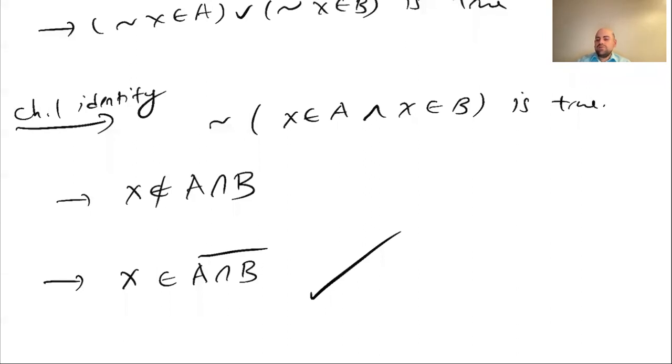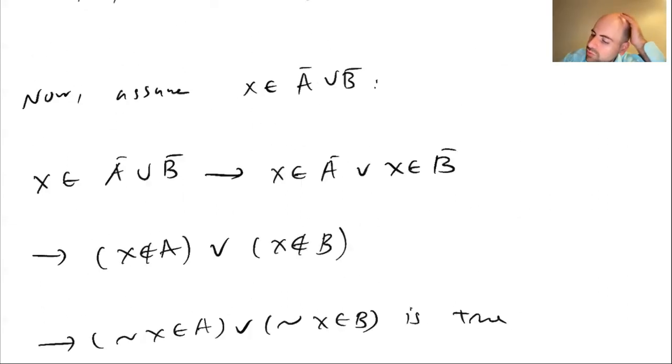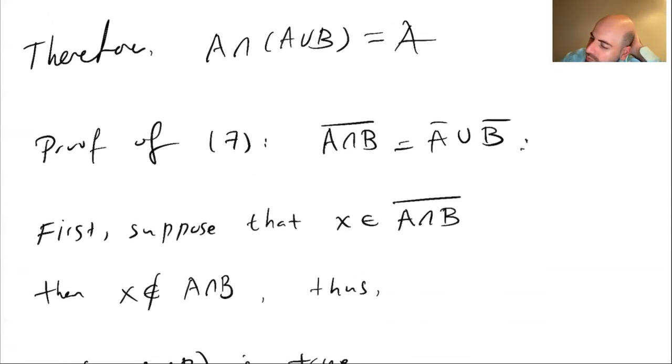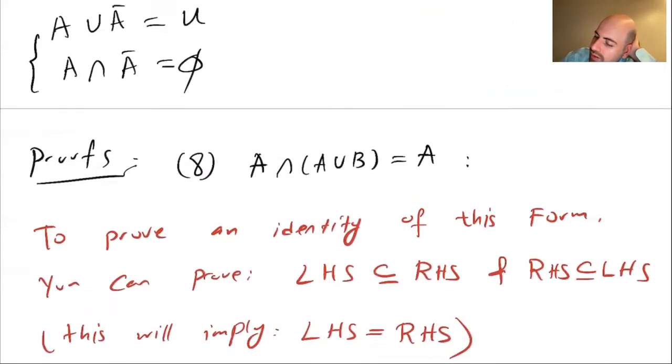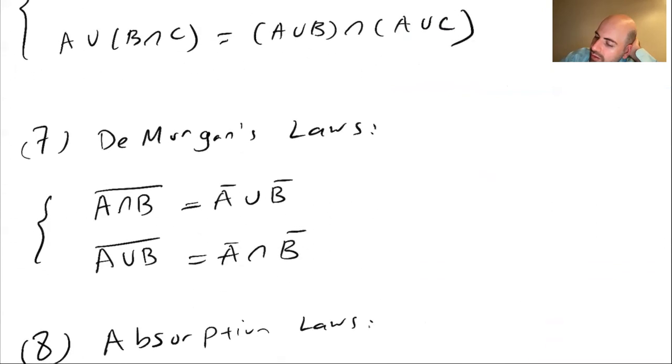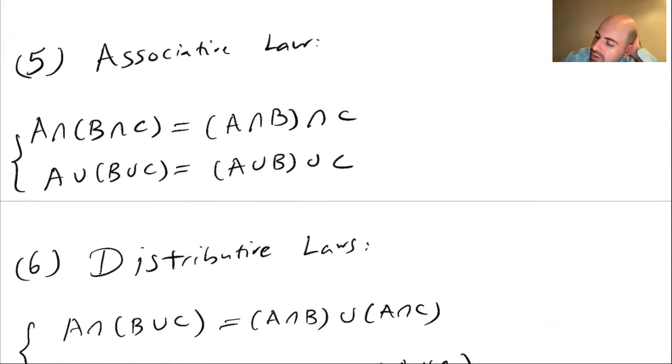So this was the proof of De Morgan's law because I showed that the left-hand side is a subset of the right-hand side, and the right-hand side is a subset of the left-hand side. So I proved two of these identities for you. You can prove the rest in a similar way. For any of these, you want to show that the left-hand side is a subset of the right-hand side and the right-hand side is a subset of the left-hand side. How can you do that? Well, if you take one element of the left-hand side, show that it has to belong to the right-hand side.